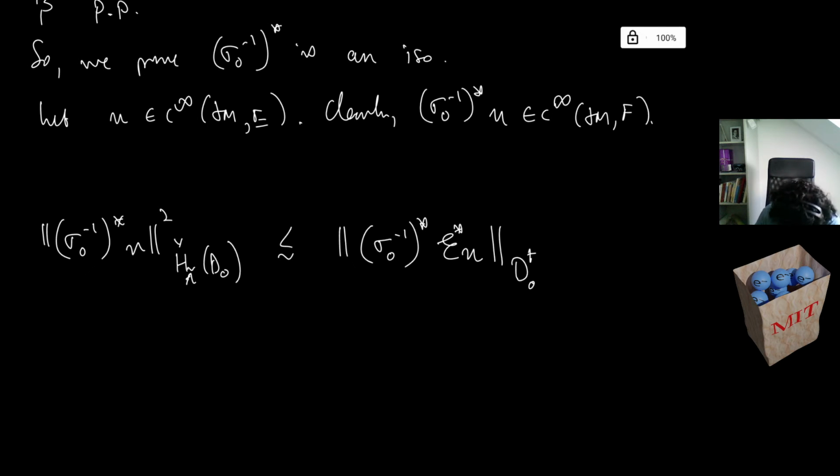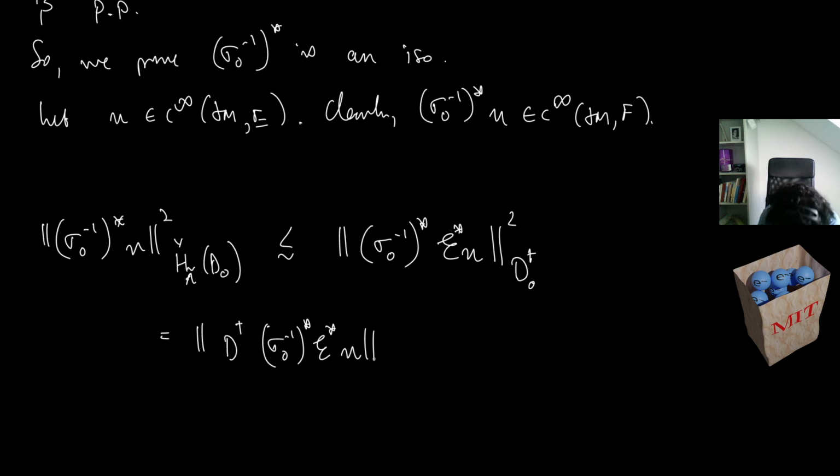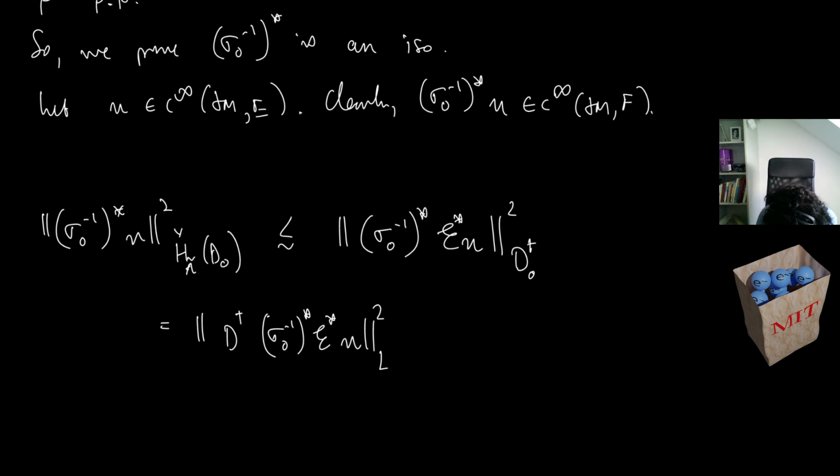So this is going to be equivalent, sorry, there's squares here, to d perp sigma naught inverse star E star of u squared, and this is L2 on the cylinder, plus now inverse star E star of u, L2 on the cylinder.